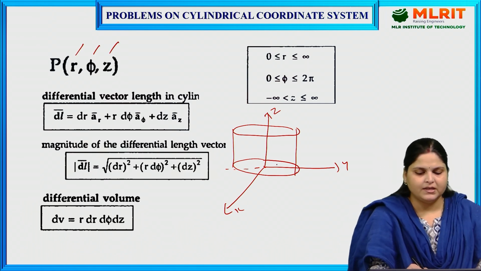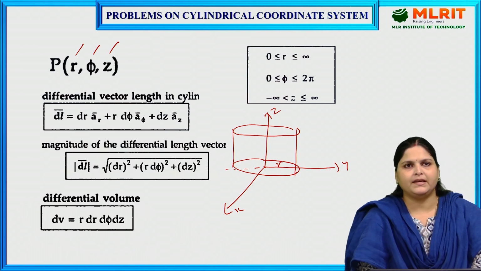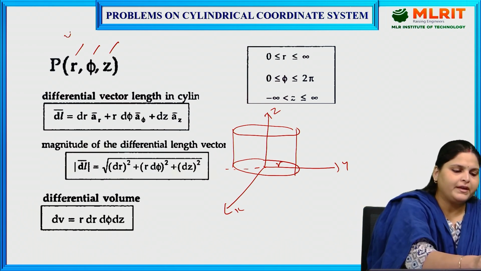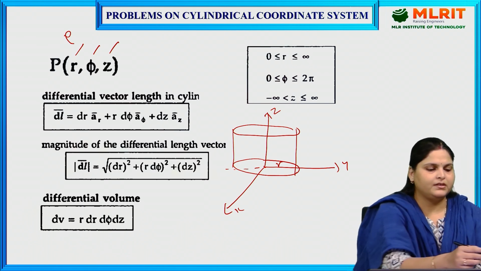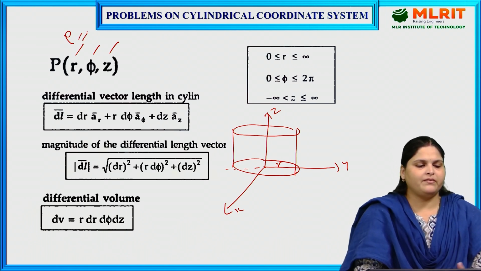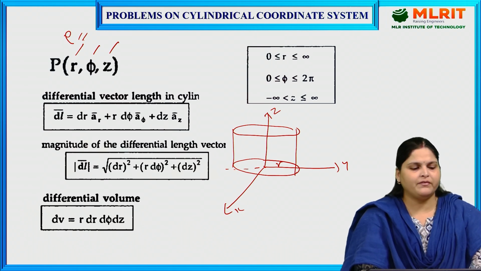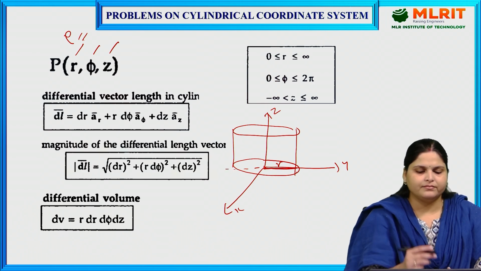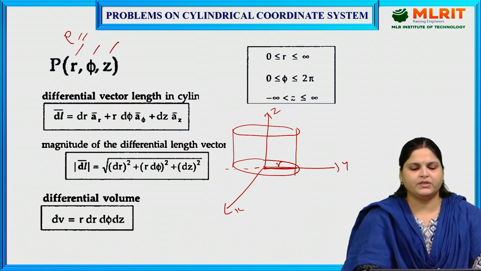R is the radius of the cylinder. You may take rho also in place of this. Somewhere we can see rho, somewhere we can see R. Both are correct. The thing is, the radius is R or rho.